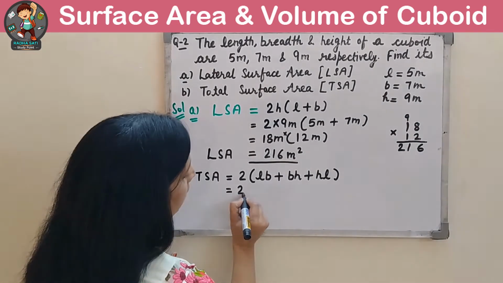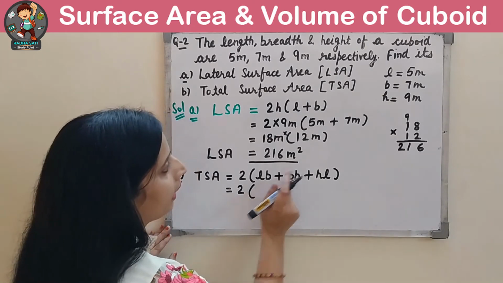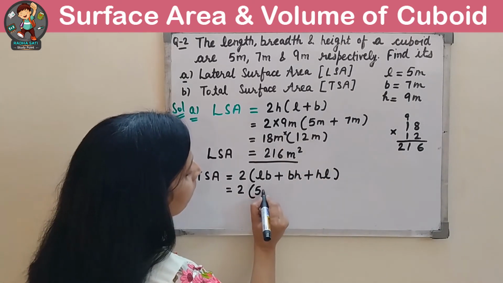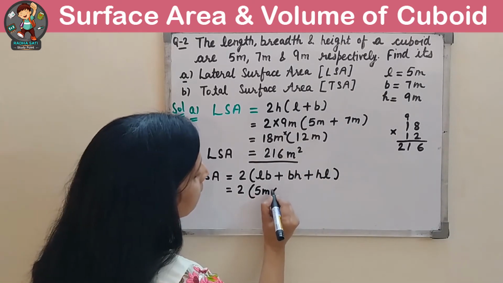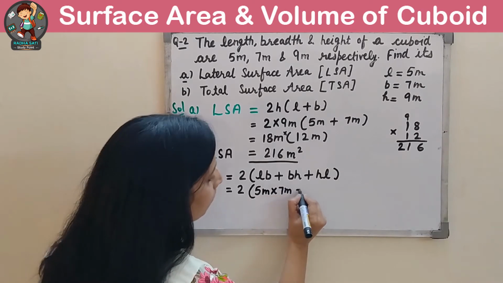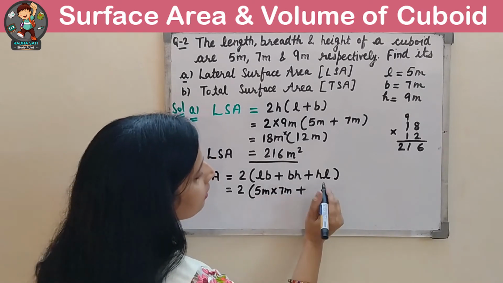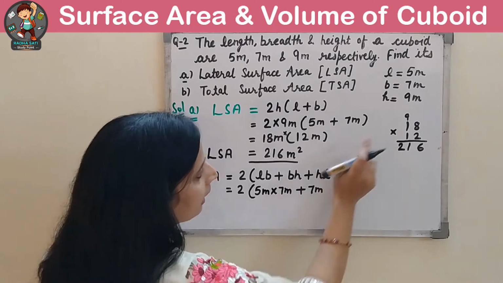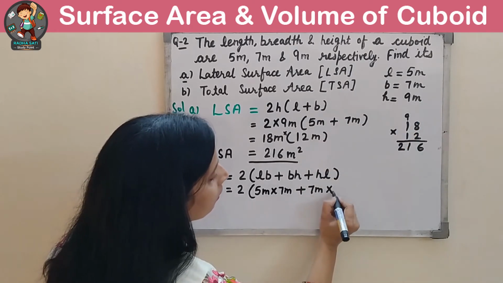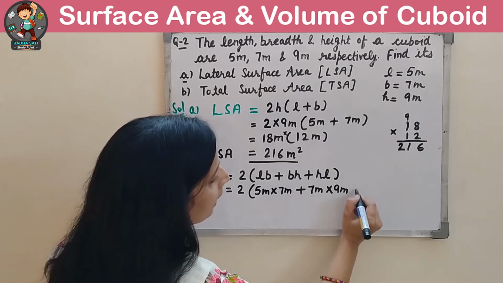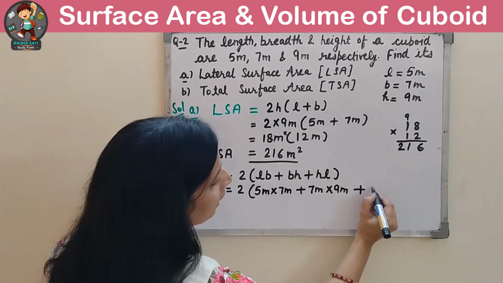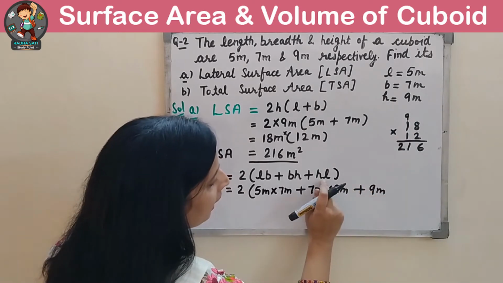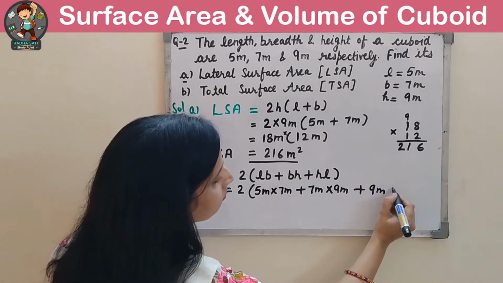Now write 2 outside. In place of L, 5 meter will come, multiplied by 7 meter plus B is 7 meter given and H is 9 meter plus H is 9 meter and L is 5 meter.